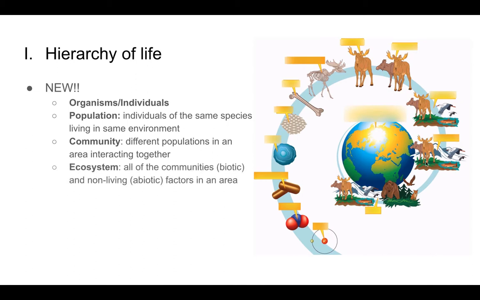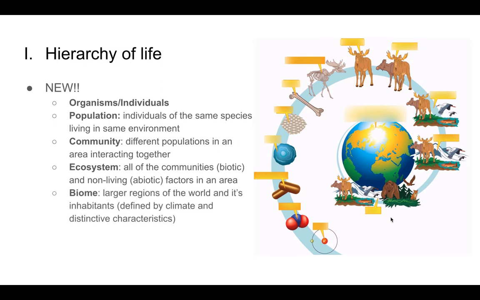Moving down, if you look at these two pictures, they look really similar, except you can see mountains in the background of this one. So this is an ecosystem level. Ecosystems are all of the community stuff, which are living organisms, but it also introduces non-living factors like the mountains back here and the snow and the climate. So those are called abiotic factors. So an ecosystem is living and non-living components in an area interacting with each other.